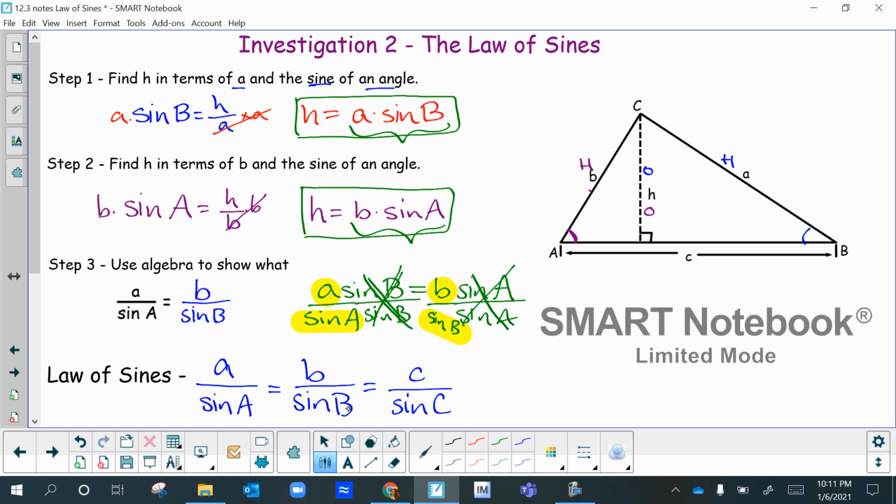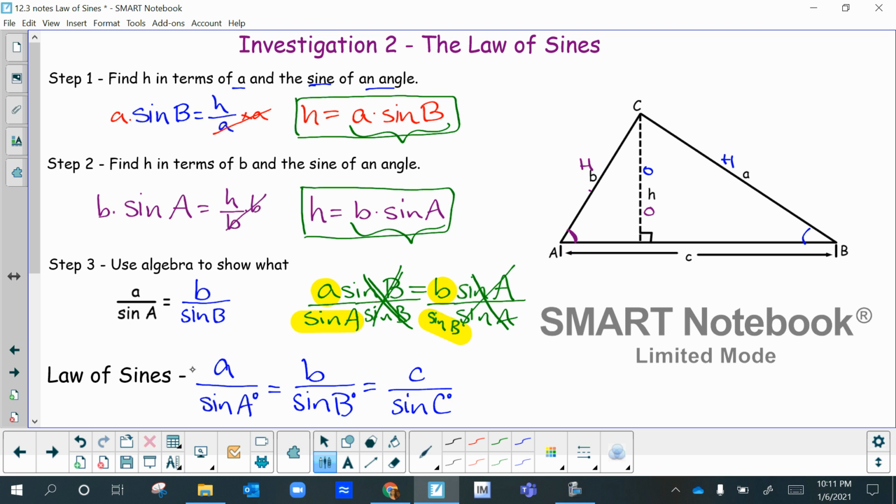This is capital A, capital B, capital C. These are for the angles. You can put a little degree symbol on there if you're getting a little confused on what is what. Little a is the length of the side, as well as little b and little c. Capital A is the degree measure, okay? And that's the law of sines.